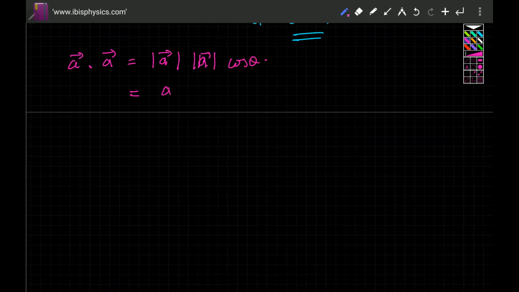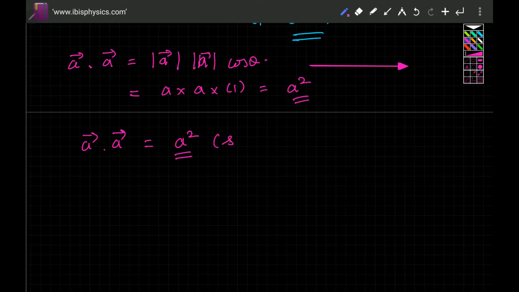That means A into cos 0, because if A is this vector and another A is the vector on it, it's the same vector, so they make 0 angle with each other. Cos 0 is 1. So we are getting A square. So whenever you multiply A vector dot A vector, it is equal to A square, which is a scalar.